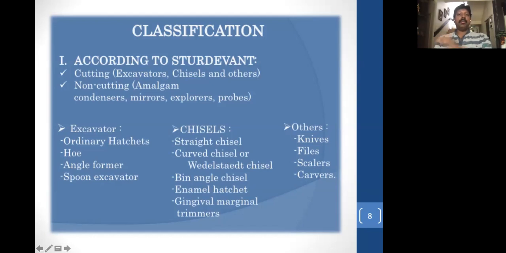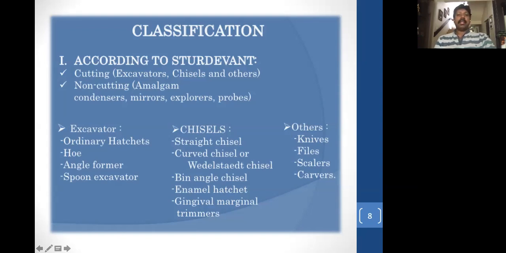non-cutting. Cutting instruments have a cutting edge, a sharp edge, like excavators, chisels, and others. Non-cutting instruments are amalgam condensers, which do not have a cutting edge. You must have seen this when you condense amalgam.